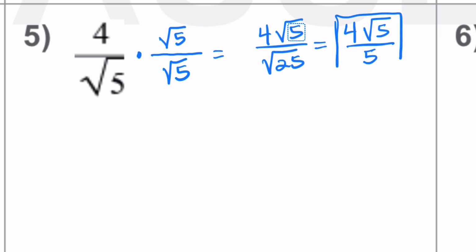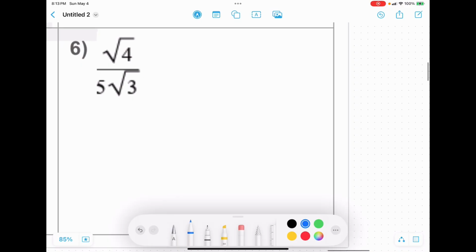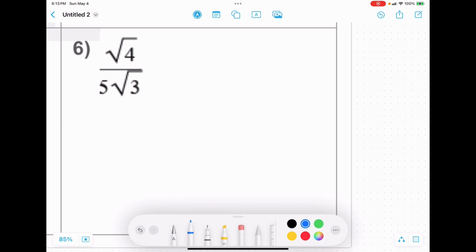And we are done. For question 6, 4 is a perfect square, but the 3 is not. So let's take it step by step first. Let's make this a 2 and then leave this as 5 square root of 3. We want to get rid of the radical in your denominator, so multiply by the square root of 3 for your numerator and denominator, and then you get 2 times the square root of 3 over 5 times the square root of 9.